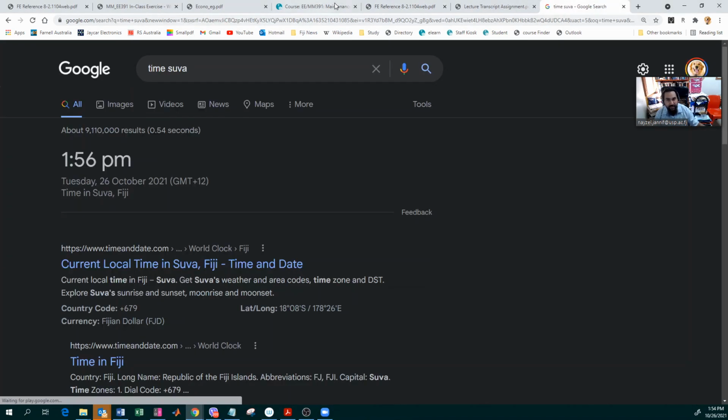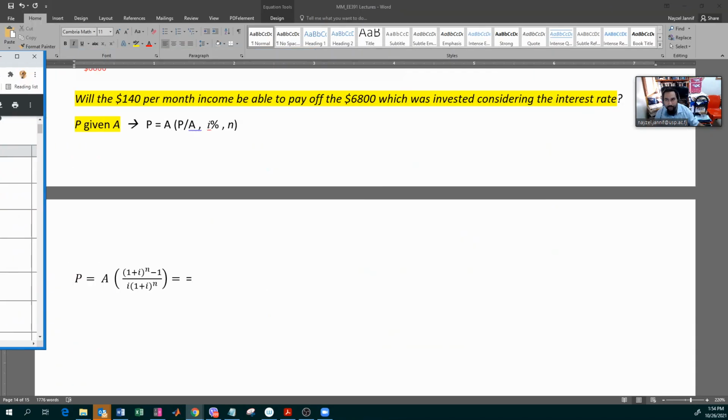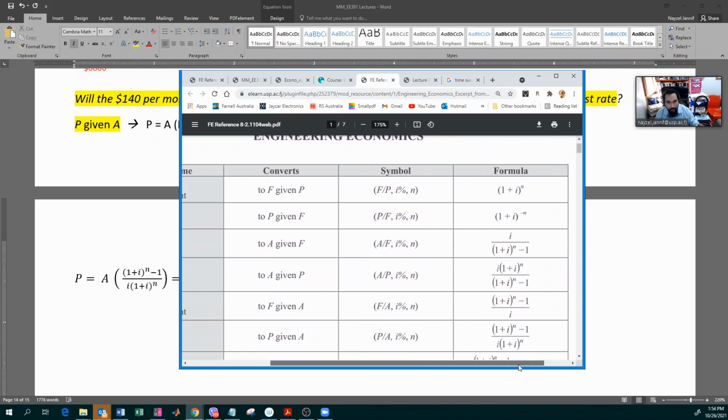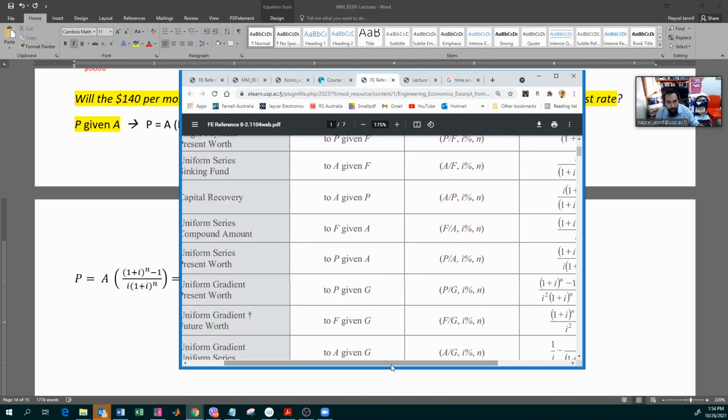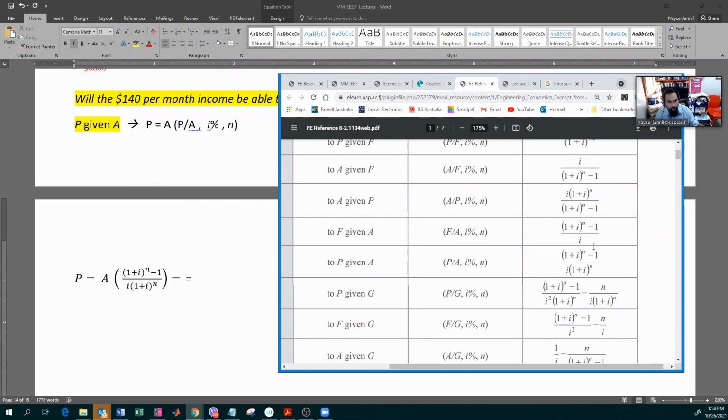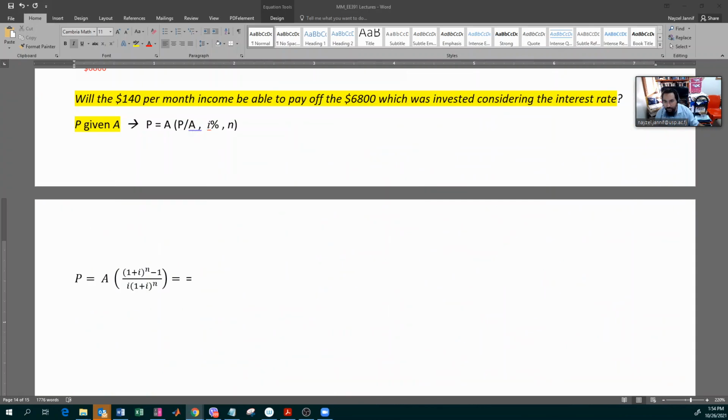Let me just double check if that formula is correct. P given A. There we are. 1 plus n to the minus 1 over. Right, that formula is correct. Now let's do the substitutions, guys. Can we do the substitutions and get the answer?